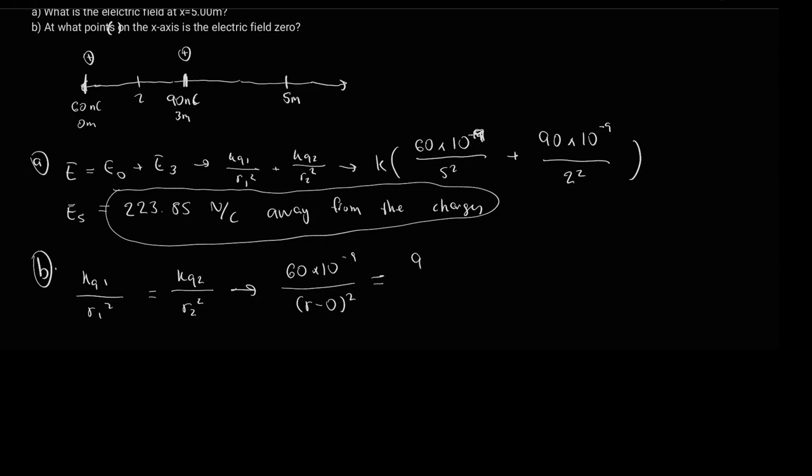That's equal to 90 times 10 to the negative 9 over 3 minus r squared. With the same example, if r is 2 and we have 3, then 3 minus 2 is 1, and that is indeed the distance between these two.